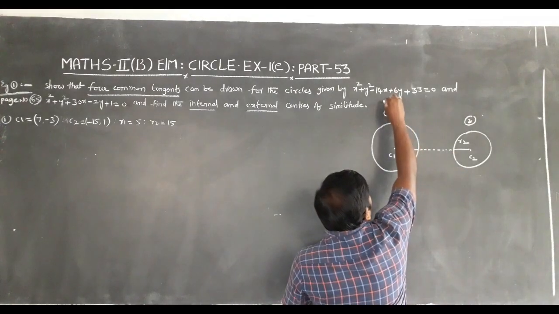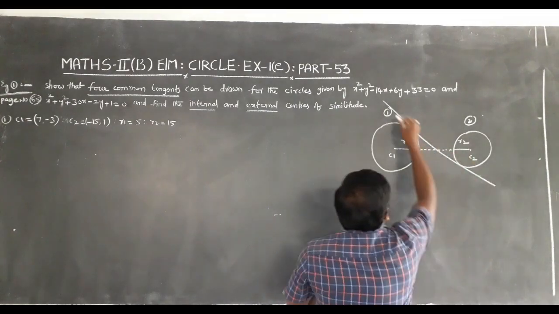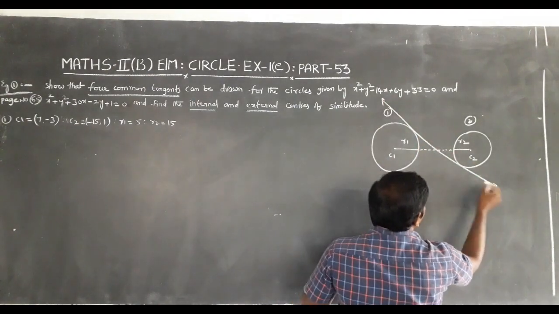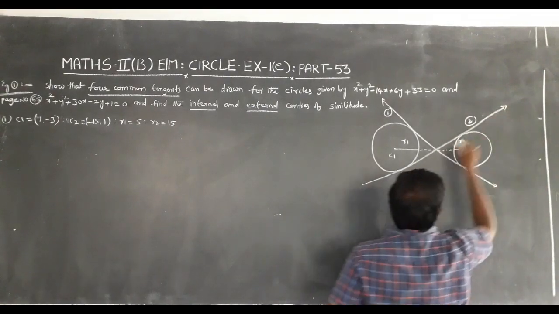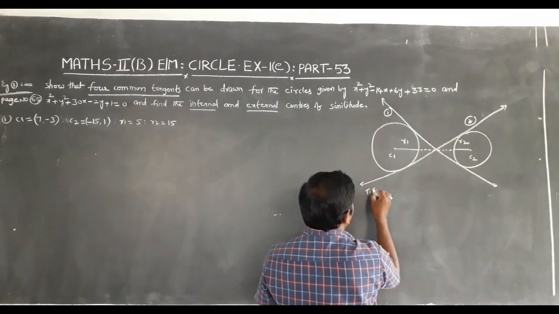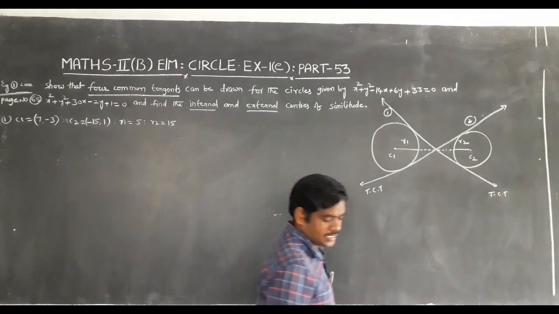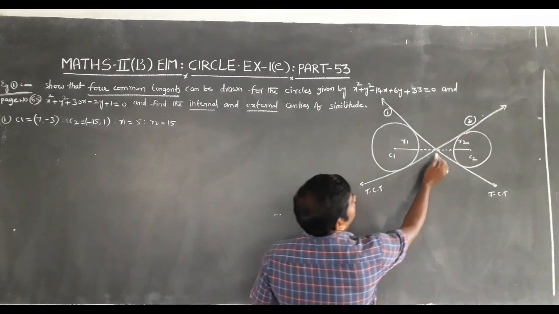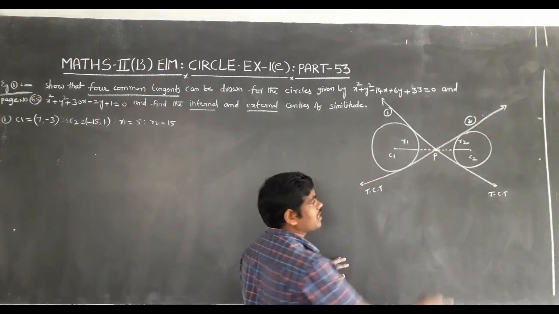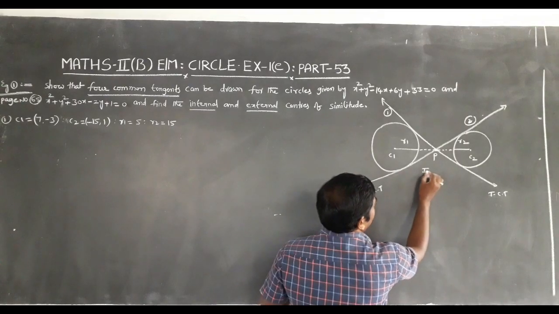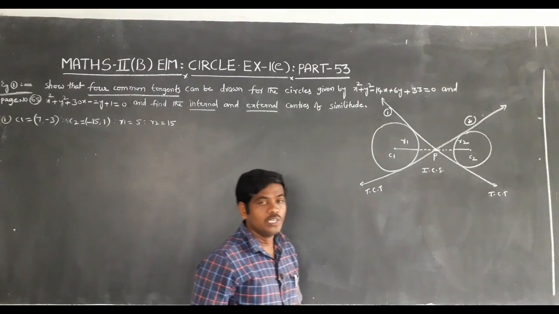The pair of common tangents that intersect the line segment C1 C2 are called the transverse common tangents. The point of intersection of the transverse common tangents is called the internal center of similitude.